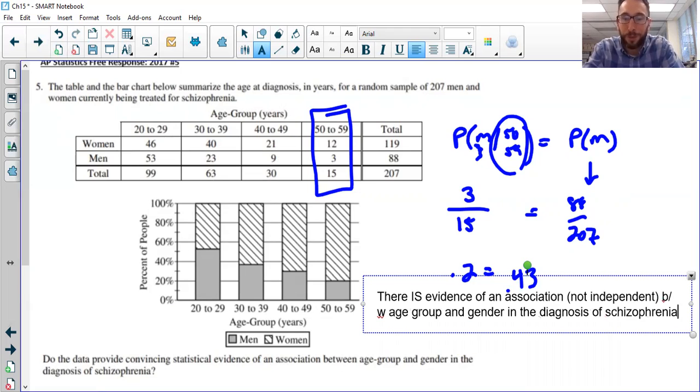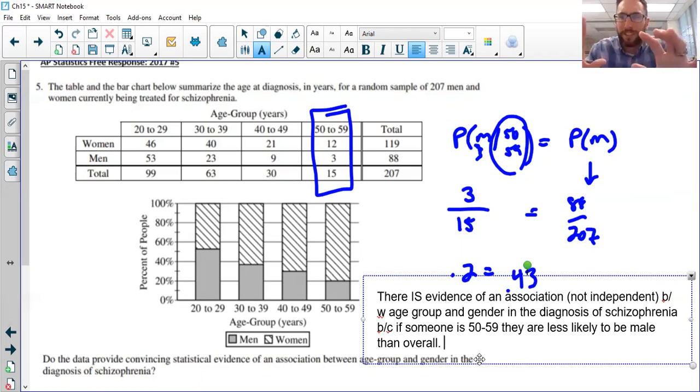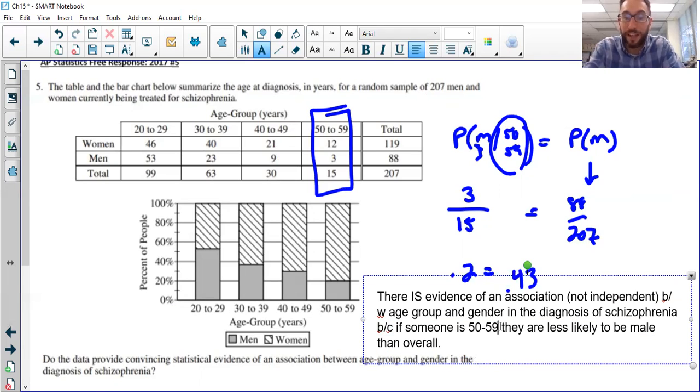Copy the wording from the question, because if someone is 50 to 59, they are less likely to be male than overall. Remember, it's not just about age. I don't love this wording because it kind of leaves out that if someone is age 50 to 59 at diagnosis of schizophrenia.